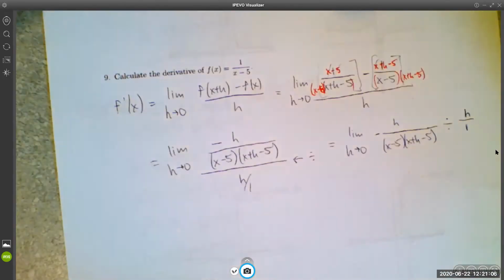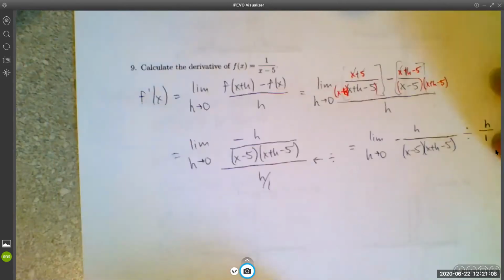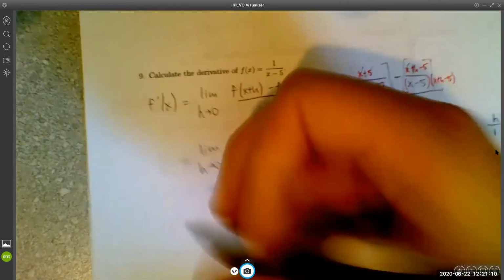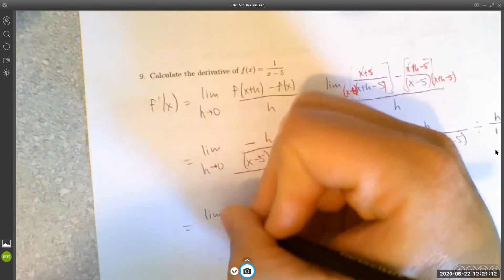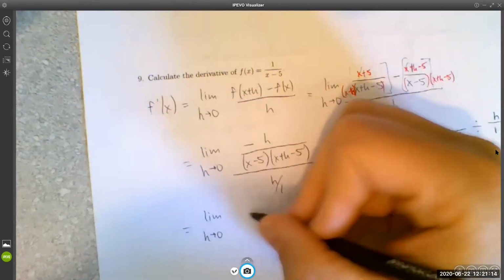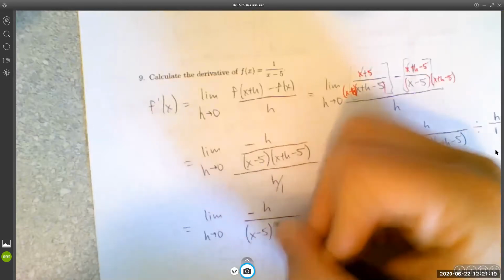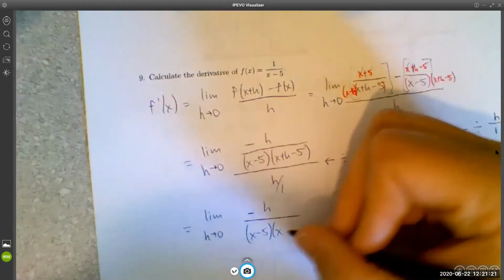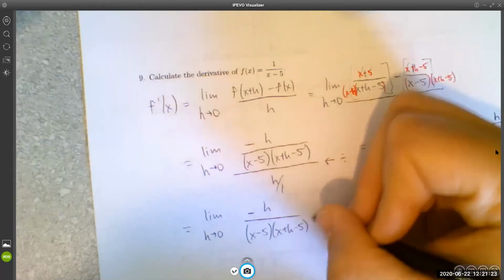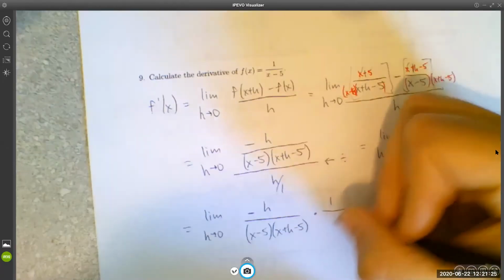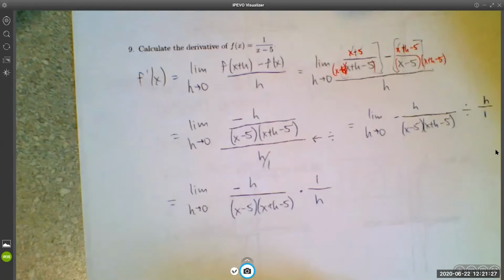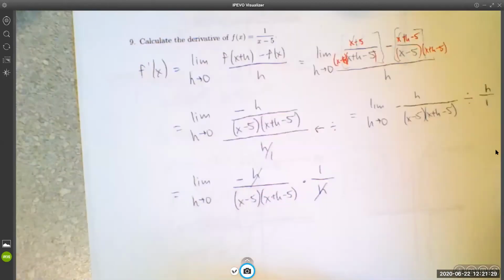So it's divided by h over 1. Well, that's the same thing as multiplying by the reciprocal. Okay, and now look at that. Those h's will cancel.